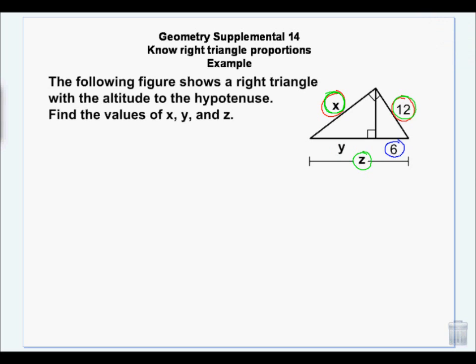Sorry, 6 and y are not in proportion. 6 is in proportion to the height, right? Because if this is one of my right triangles, this is the short leg, long leg, short leg, long leg.